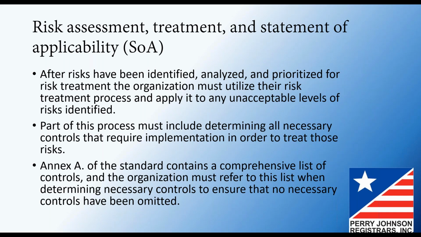And so what the standard does is it provides an annex of, I believe it's 114 controls that you are directed to go through, look at each control, see if it applies to your information security management system in your specific situation, and then either implement it, or if you feel that it does not apply, you can exclude it, but you also need to document your justification for why you felt that it wasn't applicable.